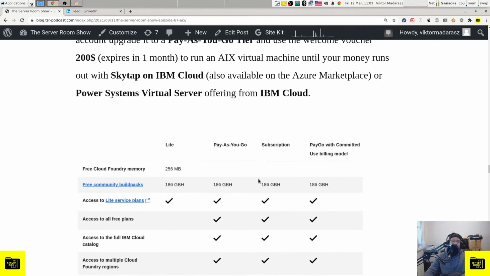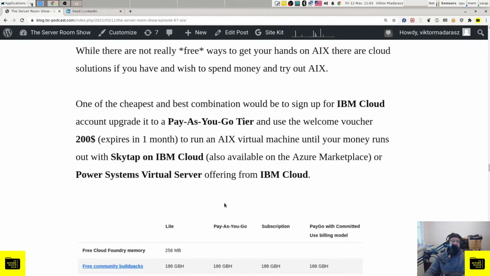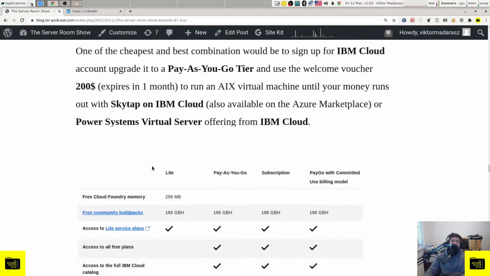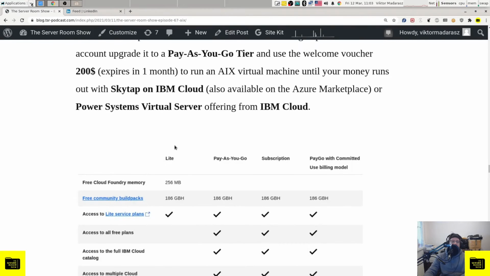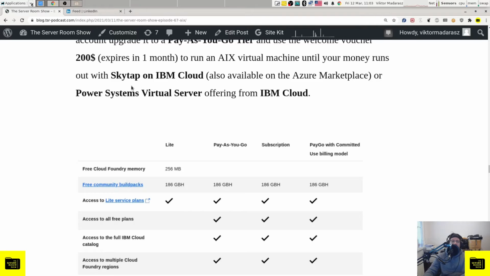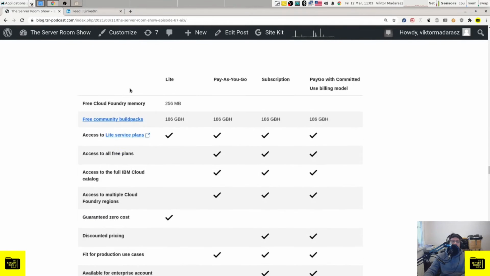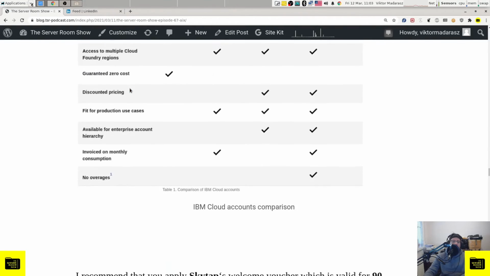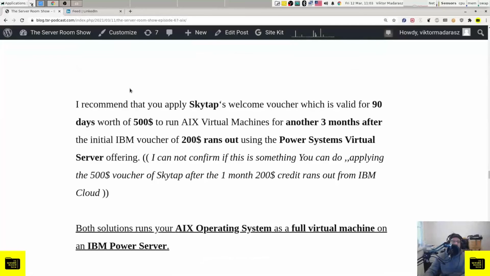IBM's de facto way of running IBM Power-based virtual machines or virtual servers is Power System Virtual Server, and the third-party offering of, so to say, the same to run IBM Power-based virtual machines is Skytap on IBM Cloud. So you know that there are these two different methods to do so.